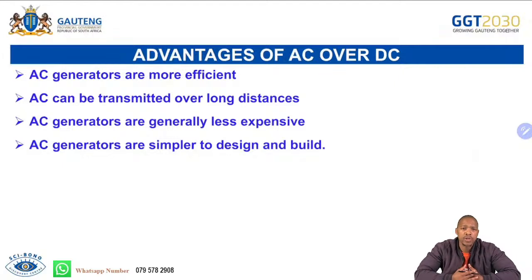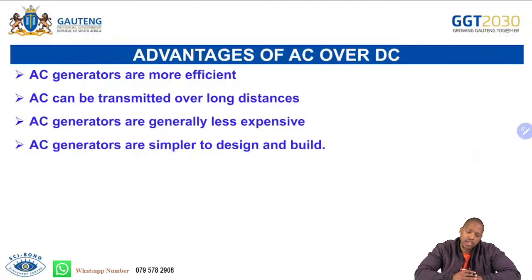And what is the reason for that? The reason is that alternating current has more advantages than disadvantages, and more advantages over DC current. That's why it's the one that is mostly used in our everyday lives, right?